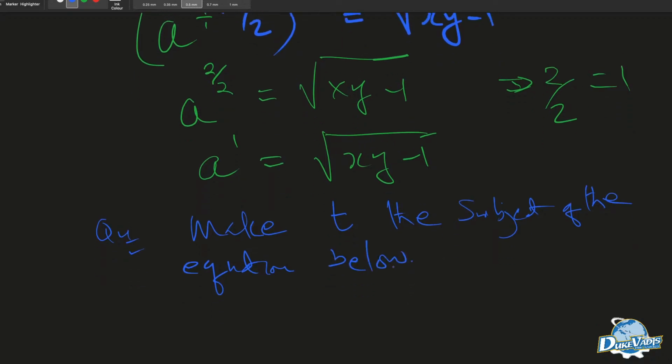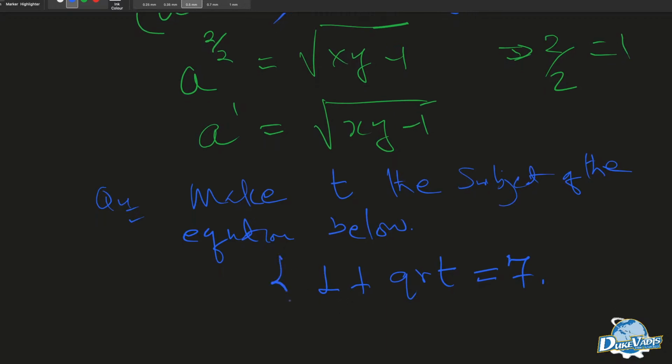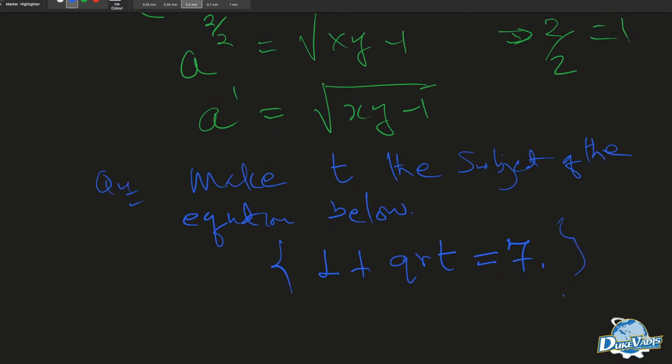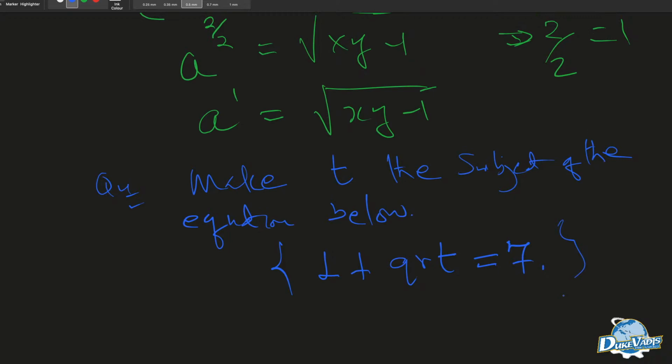So the equation below says L plus QRT is equal to 7. So this is the question: L plus QRT is equal to 7. Make T the subject of the equation. So what do we do? Let's see, friends. This is easy as well if we are following the same rules.